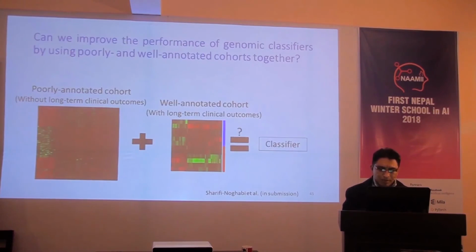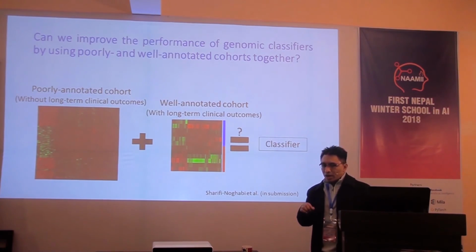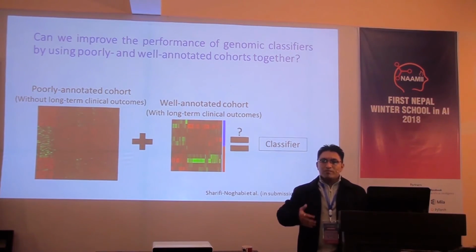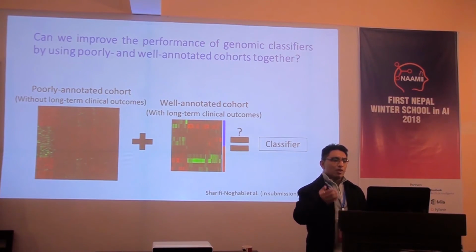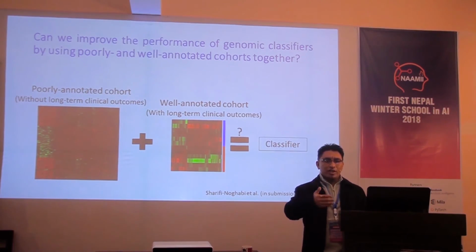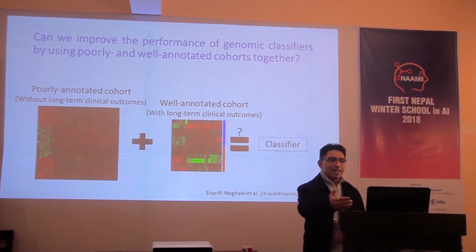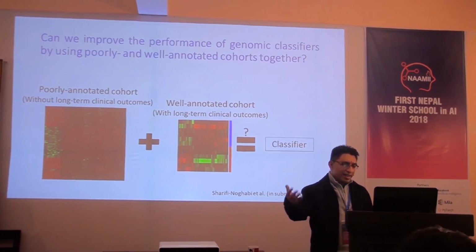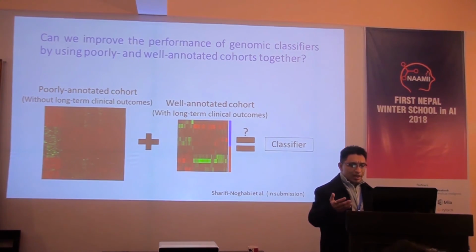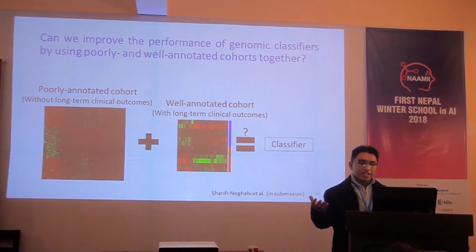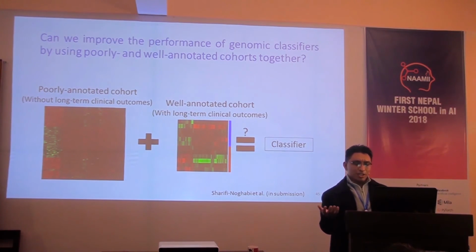So the problem was that we have a massive amount of data, but not all the data have a proper labeling of which patients had the metastasis and which patients did not. We had data from the early 80s and 90s, and most of it was really useless to us.